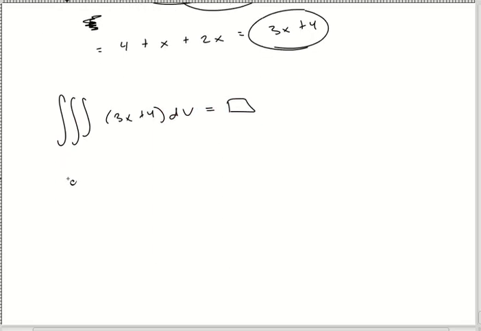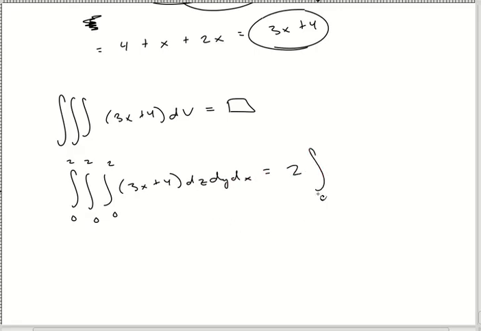Well, this is super easy, because we saw it's a cube, 0 to 2, 0 to 2, 0 to 2, of 3x plus 4 dz dy dx. So, are there any z's? No. Go ahead and toss a 2 in the front. dy dx. Are there any y's? No. Toss another 2 in the front. Now we got a 4.